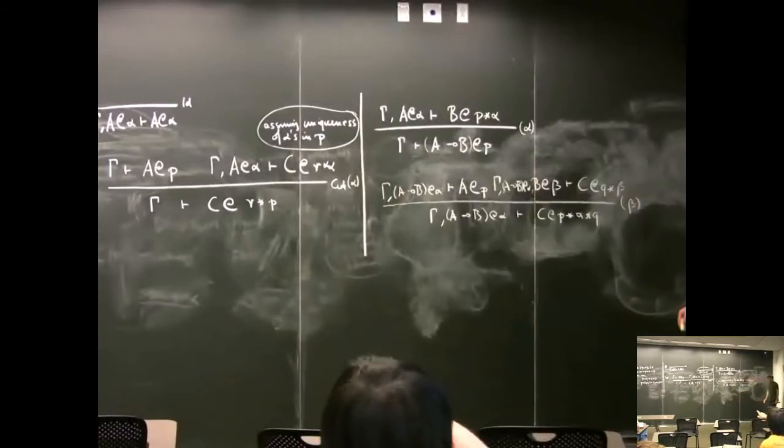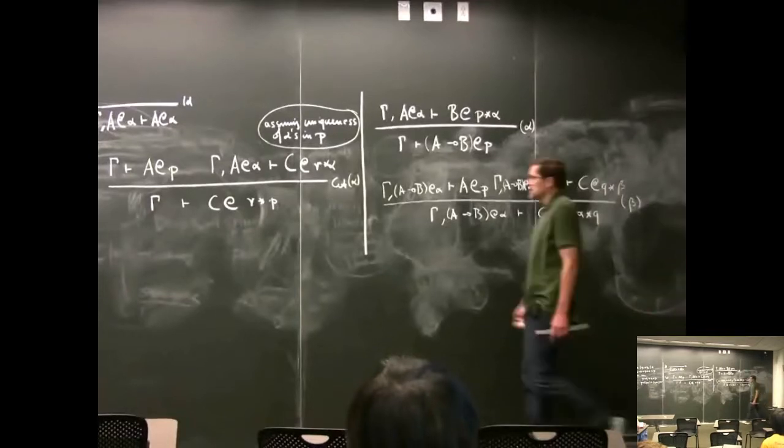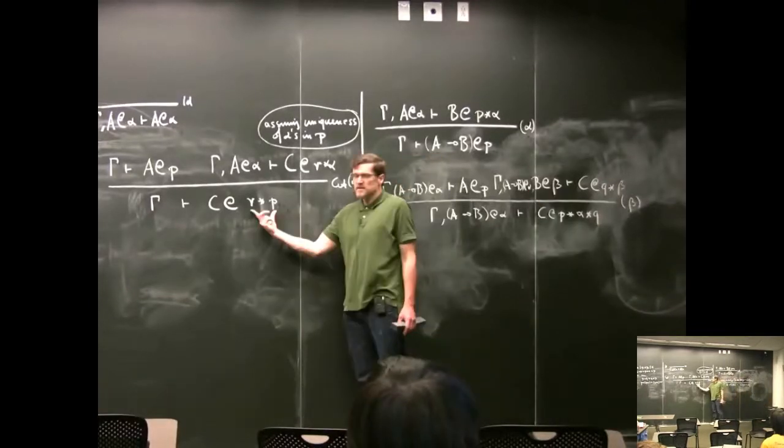For example, for the cut rule, we didn't say that R and P have disjoint variables. So, yeah, we should say that. There's a global assumption whenever we form one of these things that there are no variables shared between the two sides.